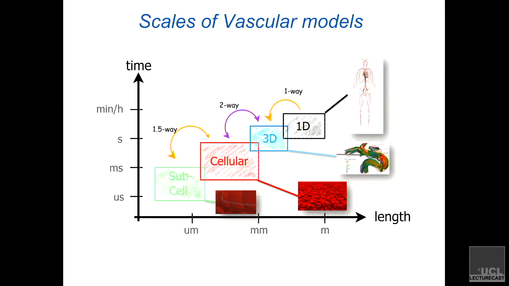So, if you look at vascular models, these are basically the scales that we want to cover. We want to go from whole body modeling. We can do these things now pretty standard using so-called one-dimensional models, and you find it here.